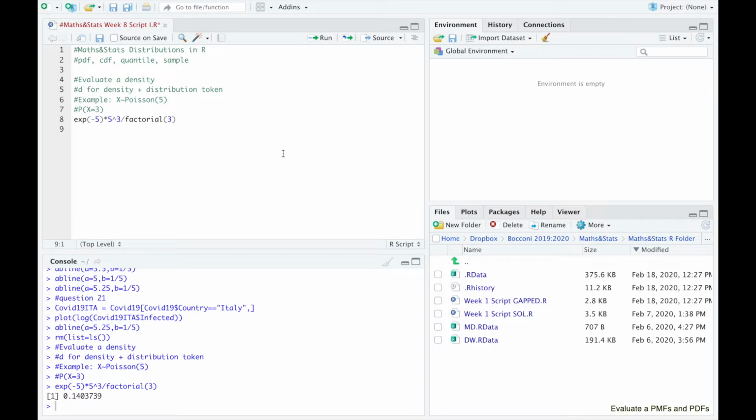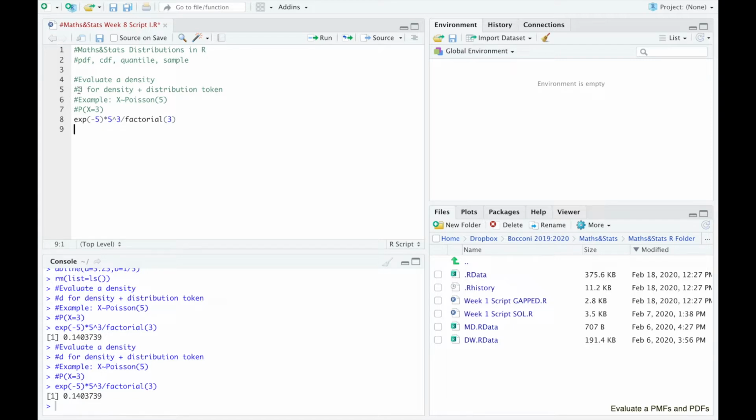So the result, and let me remind you that to run a line from the script, you have to press Ctrl Enter, or Command Enter if you're using a Mac. So the PMF of a Poisson with rate 5 evaluated at 3 is 0.1403.